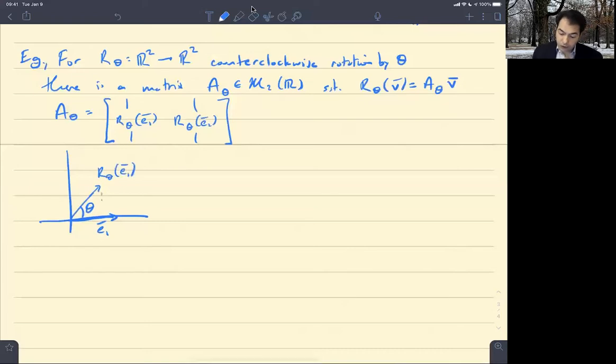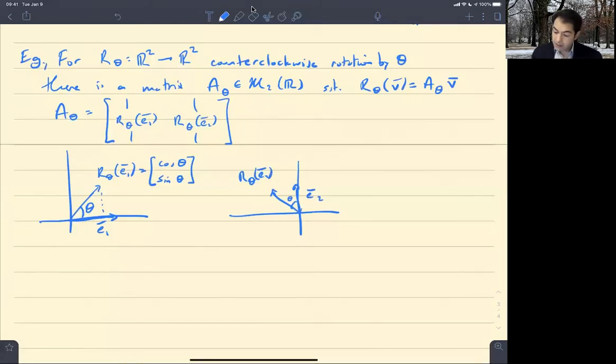And so we just need to know what are the coordinates of this endpoint. But this is a right angle triangle, and this angle is theta. So we know these coordinates. This has coordinates cosine theta, sine theta. Okay, and similarly, here's the vector E2, and then I rotate it counterclockwise by theta to get R theta of E2.